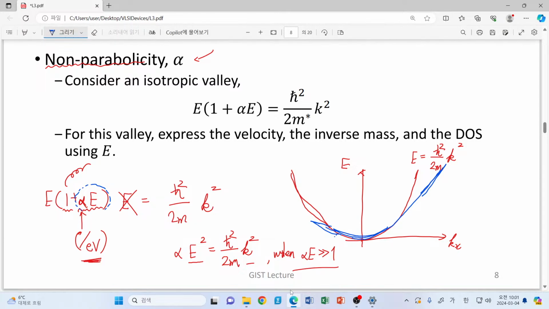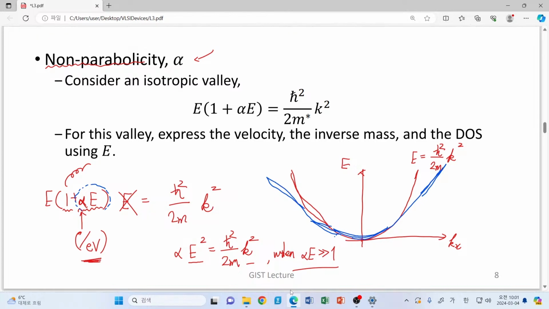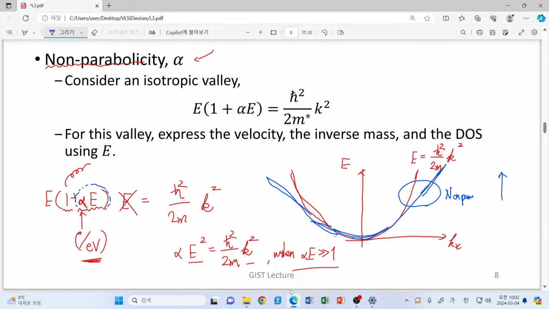But anyway, although my drawing itself is ugly, please note that once we introduce non-parabolicity, then our E-k diagram deviates from the conventional parabolic behavior at higher energy level.